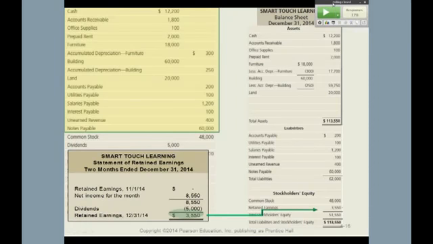So on this particular balance sheet, the 18,000 is the cost of the asset. There was a $300 accumulated depreciation.